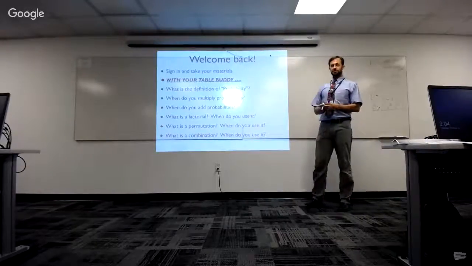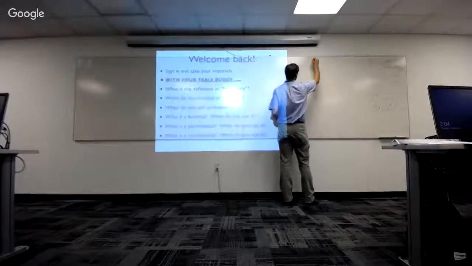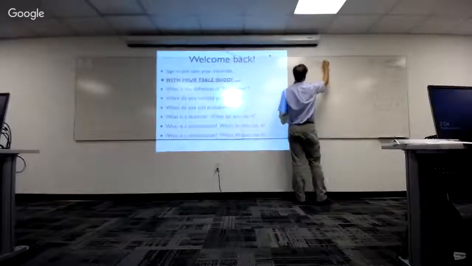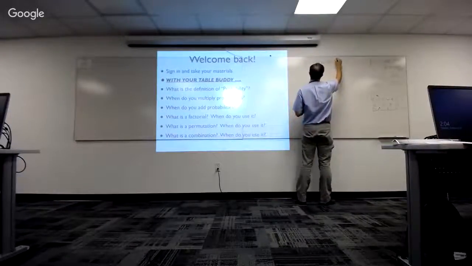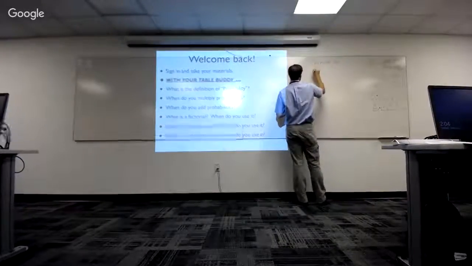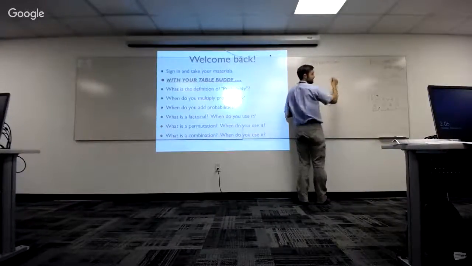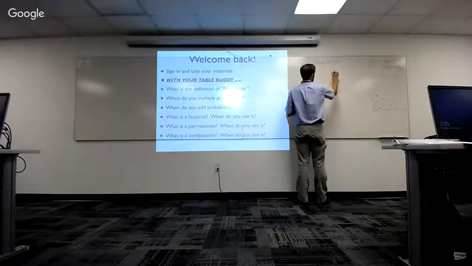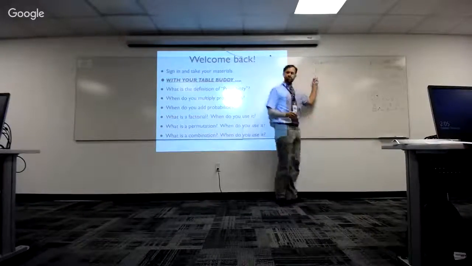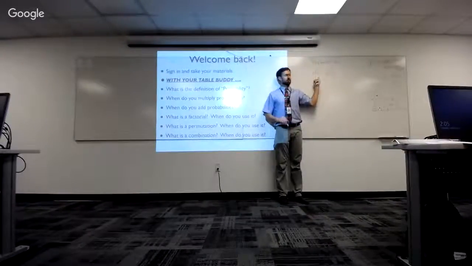What is a permutation? We had a particular formula, nPr, which was n factorial over n minus r factorial. What does n represent and what does r represent?